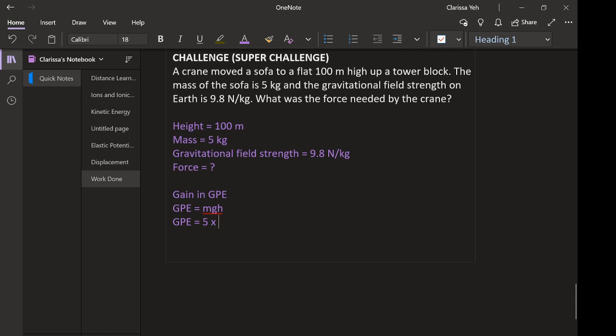Gravitational field strength, 9.8. Height is, it went up 100 meters. I stick that into my calculator because I will not be able to do that myself. 4,900 joules of energy.